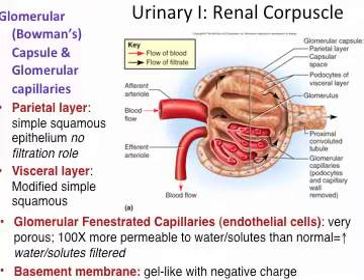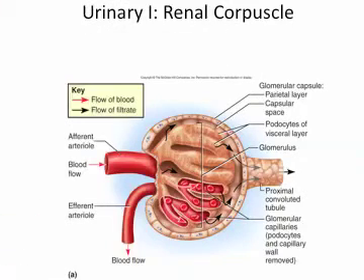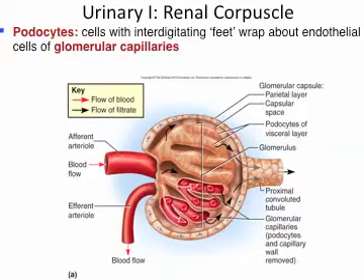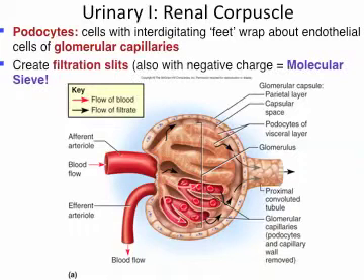The podocytes and the endothelial cells, because they're cells, both need something to sit on, and cells always sit on a basement membrane. The podocytes of the visceral layer have projections, and those are called pedicels, or feet, and those feet of the podocytes wrap around the endothelial cells of the glomerular capillaries.